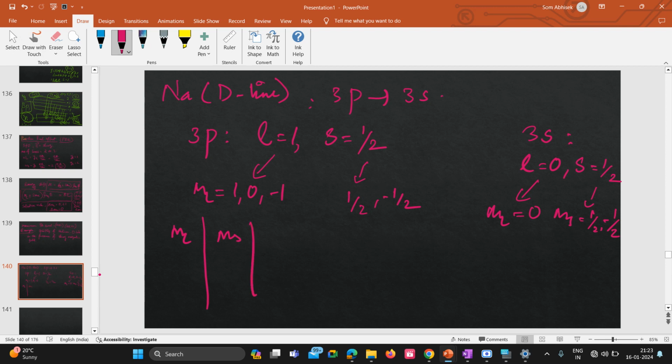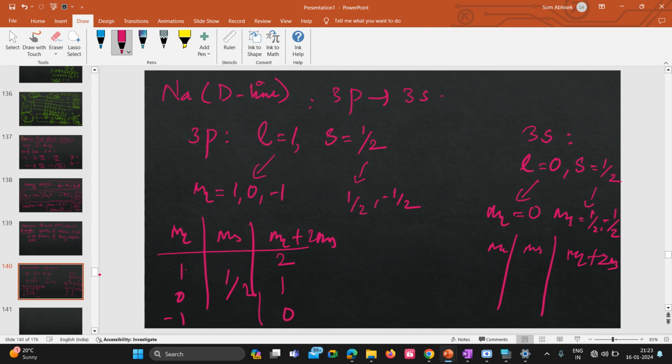Now we will draw that table: ml, ms, ml plus 2ms. Here also ml, ms, ml plus 2ms. So ml is 1, 0, minus 1, and ms is, as we know, half. If you put the values, 1 plus 1 is 2, 0 plus 1 is 1, minus 1 plus 1 is 0.